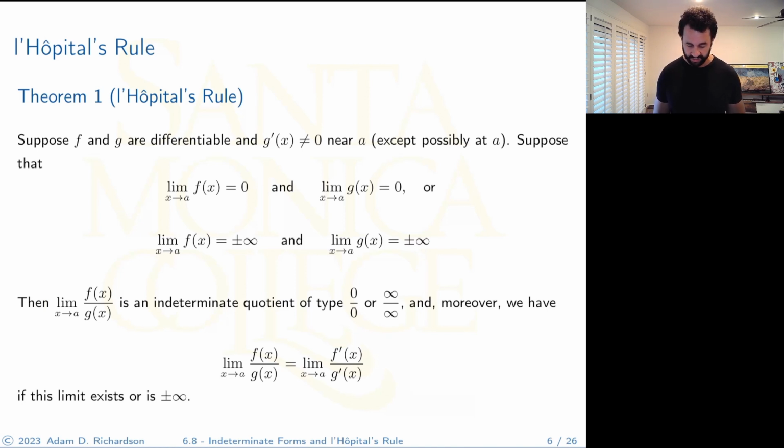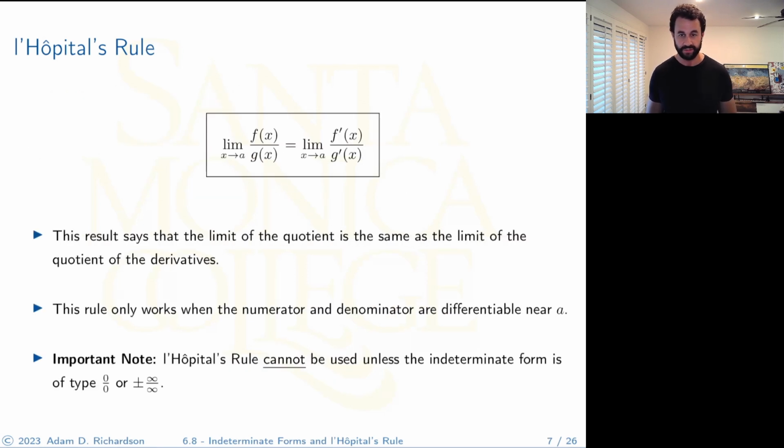And the big result here is that it turns out that the limit as x goes to a of the original ratio is equal to the limit as x goes to a of the ratio of the derivatives, if this limit exists, or if this limit is plus or minus infinity. So that's actually a really, really helpful result. It's a pretty powerful result. So let's look at it for a minute and explain what's going on.